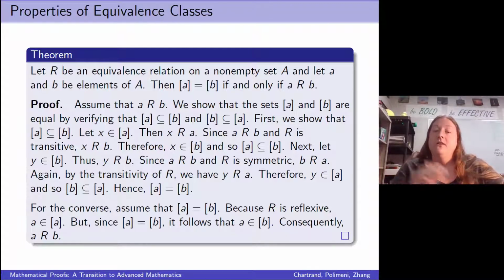Now, to prove the other direction of our biconditional, we're going to assume that the equivalence class of a is equal to the equivalence class of b, and we're going to show that a is related to b. Since our relation is an equivalence relation, it's reflexive. That means that a is an element in the equivalence class of a.